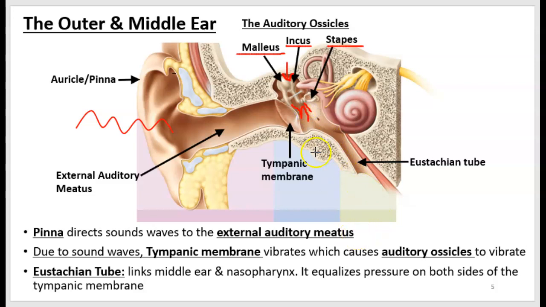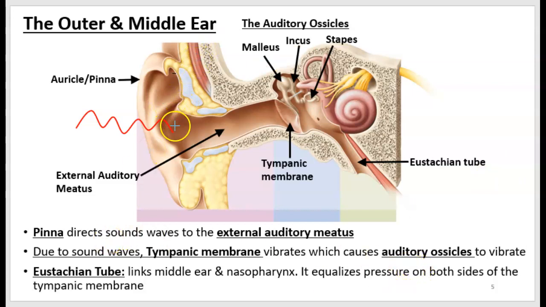So as the tympanic membrane vibrates in and out, the malleus hammers back and forth against the incus, and that causes the incus to vibrate, and it kind of acts like a lever and pushes the stapes towards the vestibule and then away from the vestibule. And we'll come back to how that works in a little bit.